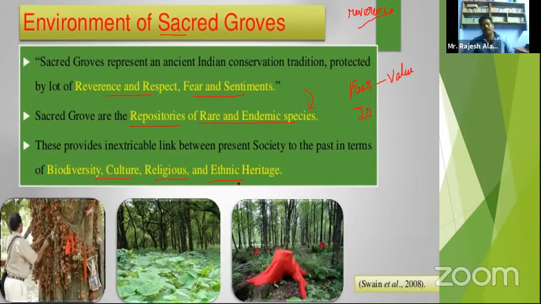My grandfather used to tell many stories about sacred groves. Right, sir? In which way they have utilized it. These things now, out of biodiversity registers, we are collecting and storing in traditional knowledge libraries. Right, sir?